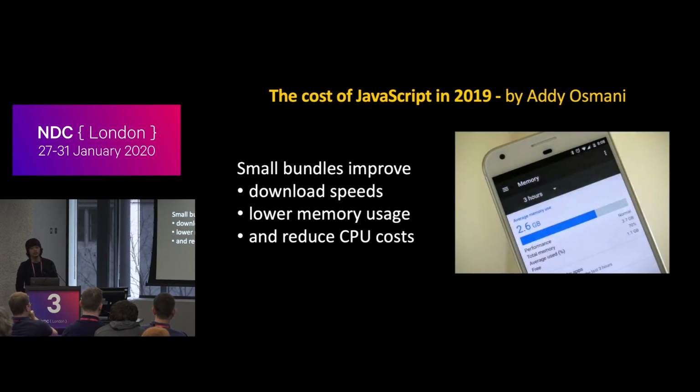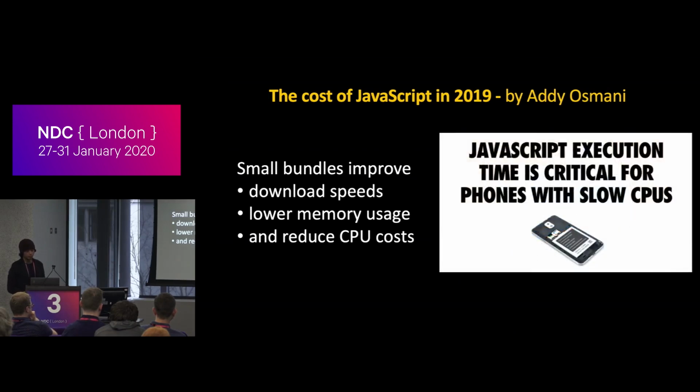On mobile, you want to ship much less, primarily because of the network speeds, but also to keep memory usage low. That's right. He also mentioned that JavaScript execution time is important for phones with slow CPUs. It's also right.